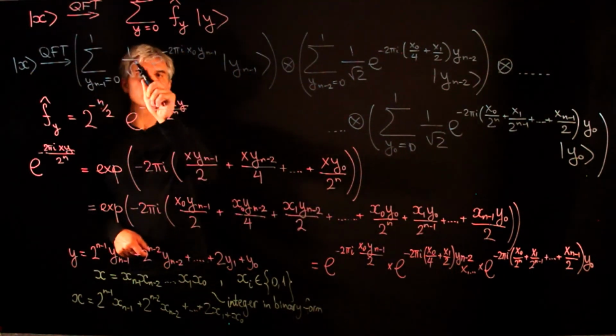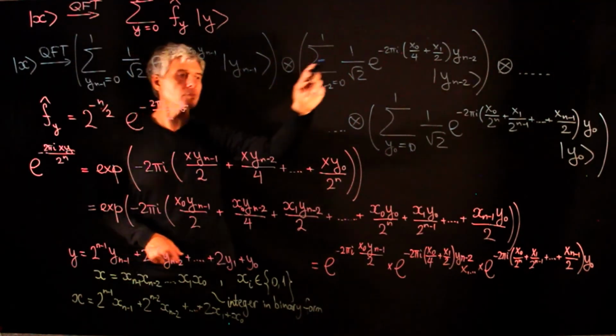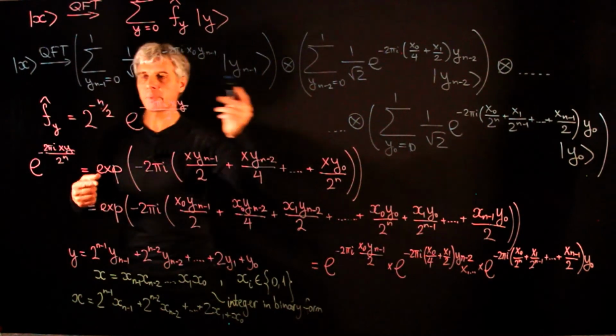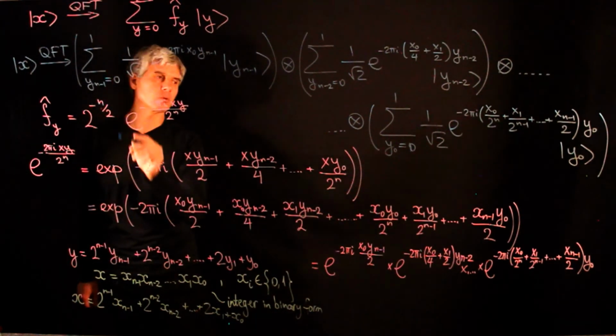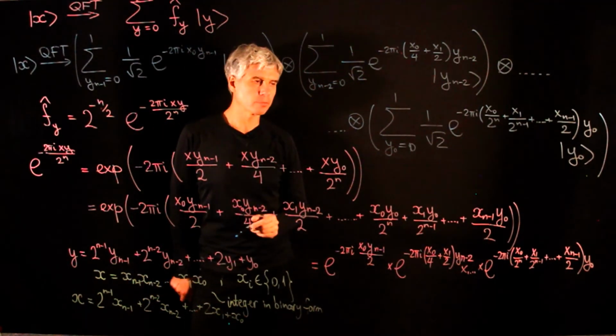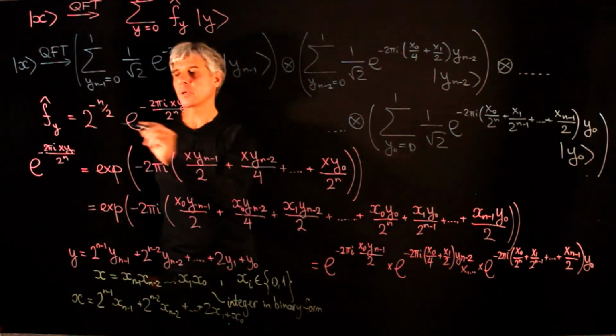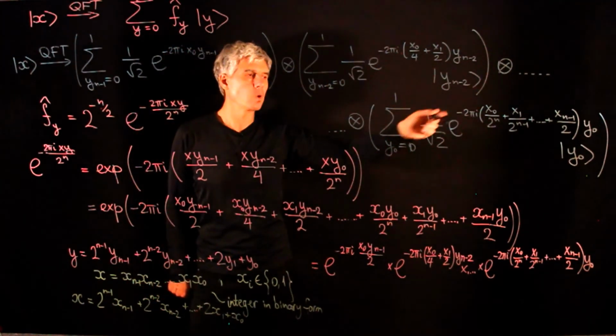So also note that these distributed factors 1 over square root of 2 will combine and give us the overall factor 2 to the minus n over 2, because there are n factors of this type here. And we do this so that each factor has norm 1.